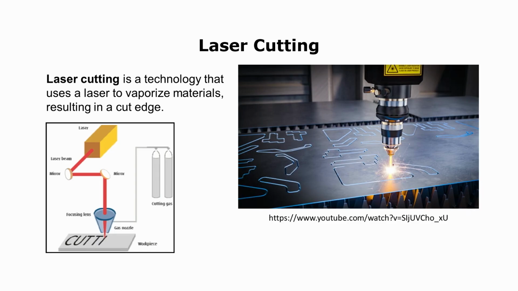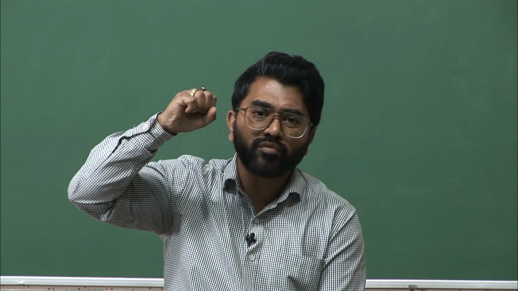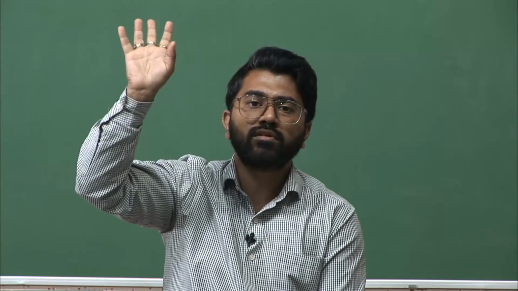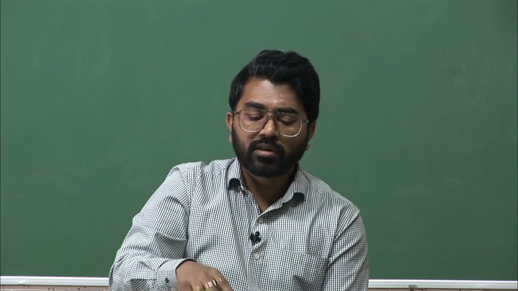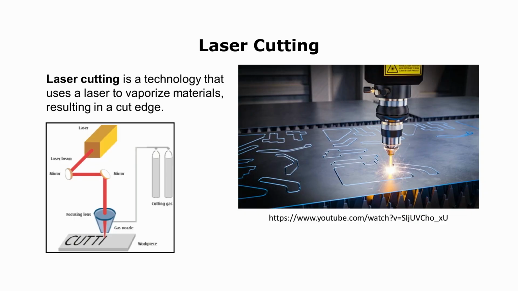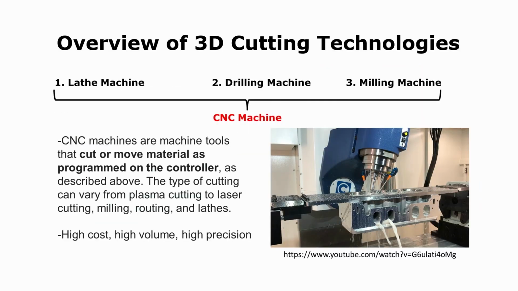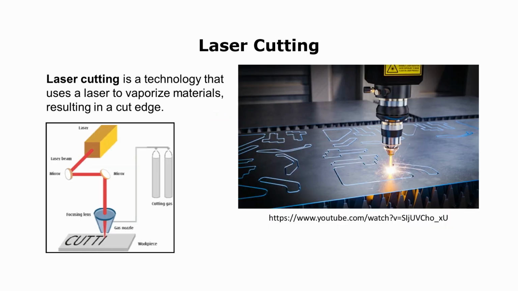basically it uses a laser to vaporize materials, resulting in a cut edge. So, the laser has a very high amount of heat which vaporizes the material, and it just completely goes away, and this is the technology of laser cutting. There are YouTube videos for both the CNC machine, these are the links, and the laser cutting technology.